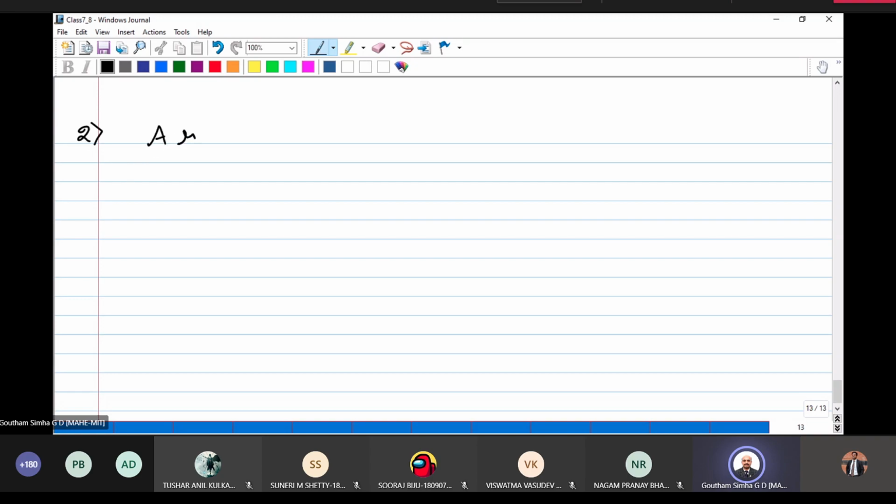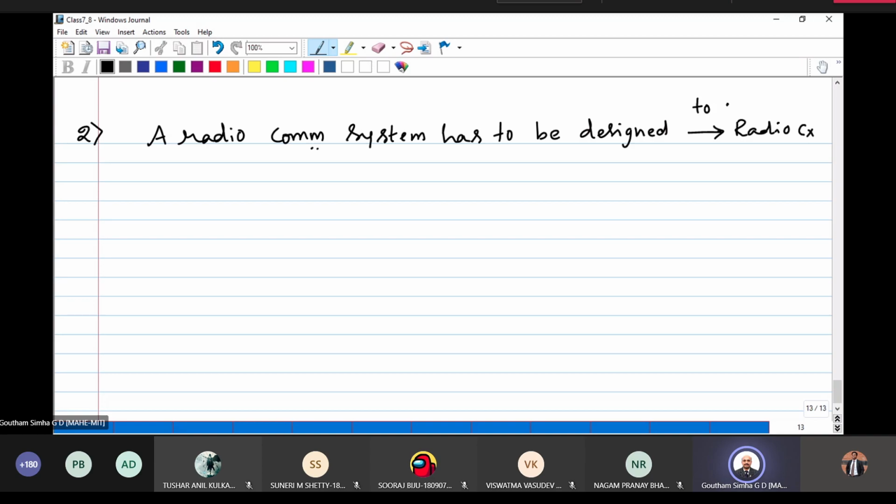A radio communication system has to be designed to work on a radio channel exposed to flat Rayleigh fading.